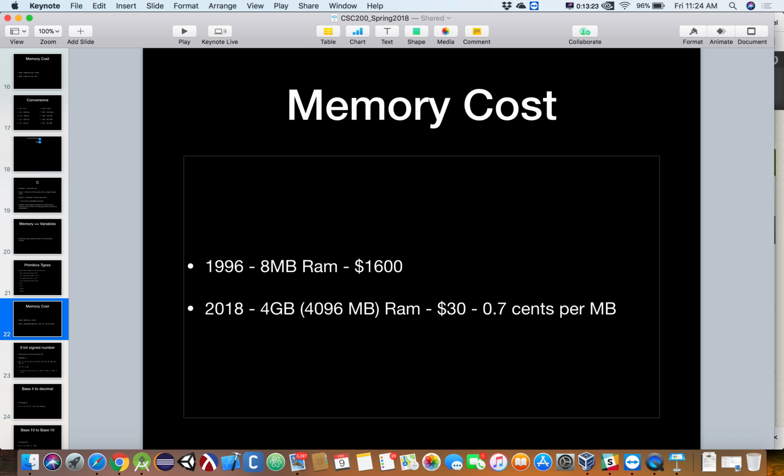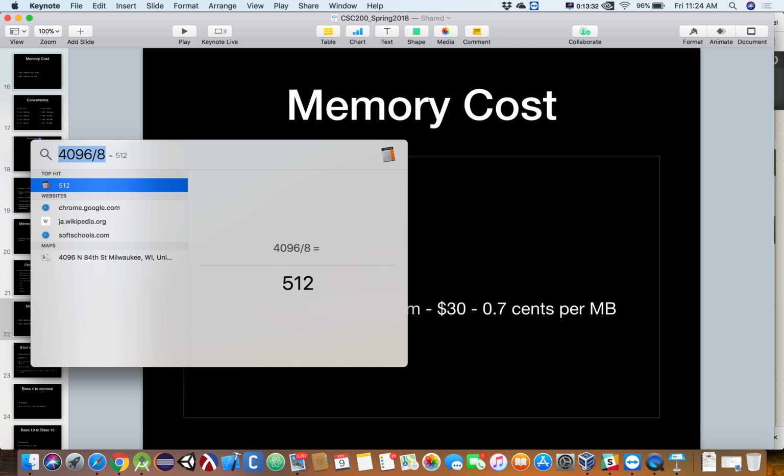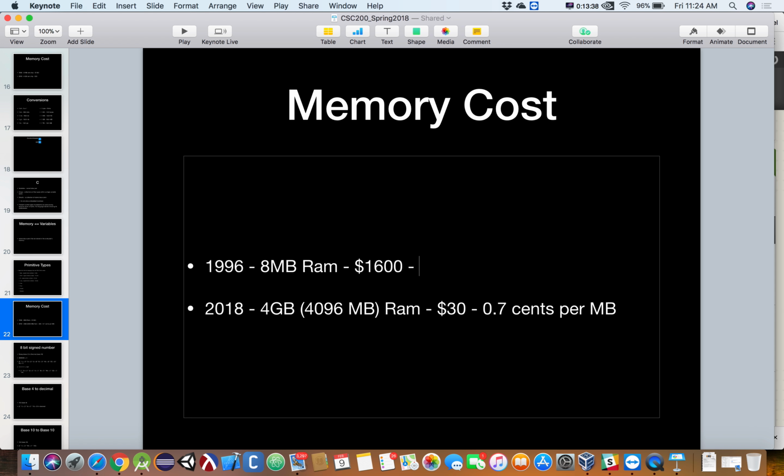That's how inflation works. So if we use today's dollars, that chip was $1,600. That means 1,600 divided by 8 is $200 per megabyte.